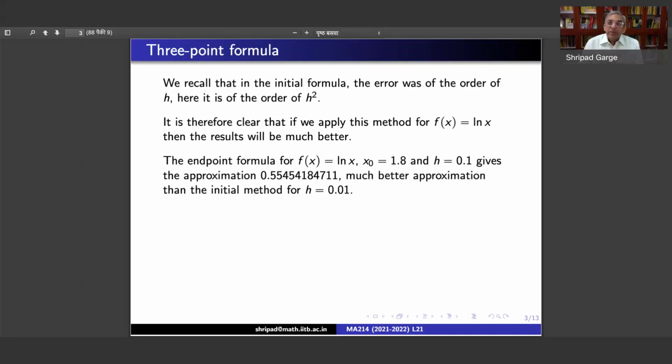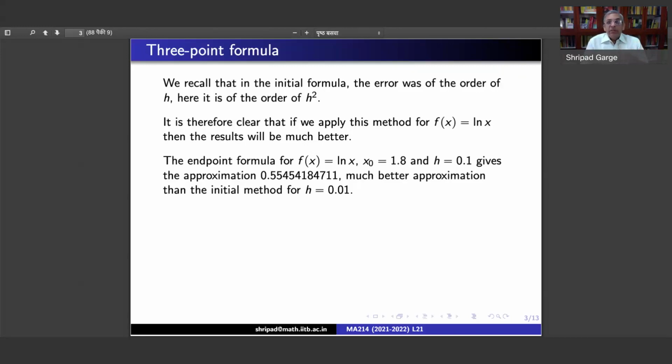In fact, this is slightly better than that approximation where we had only used the linear polynomial interpolating your function at x naught and x naught plus h. The endpoint formula already for h equal to 0.1 is giving you better results. You know, h is 0.1 and h square is going to be 0.01. So it would still be okay if the results were comparable, but already this result is slightly better.